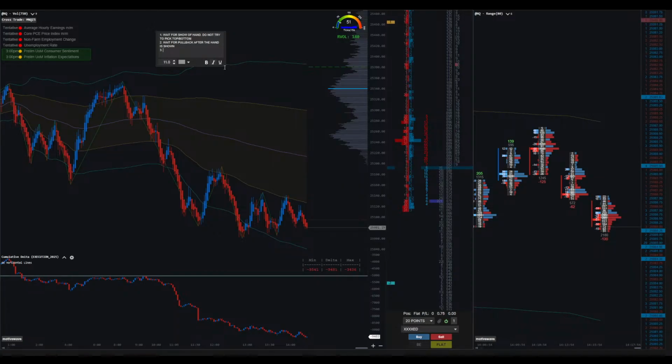No. Anything can happen. It might stall and just be in a 40-point range for the entirety of the day. But let's see what happens. It needs to play out, it needs to develop, and then I can see and make some sort of a decision. But most importantly, do not pick tops, do not pick bottoms.